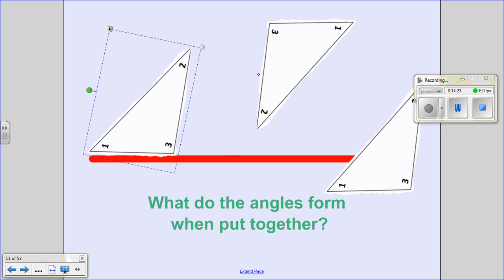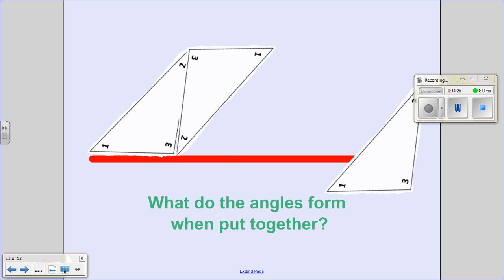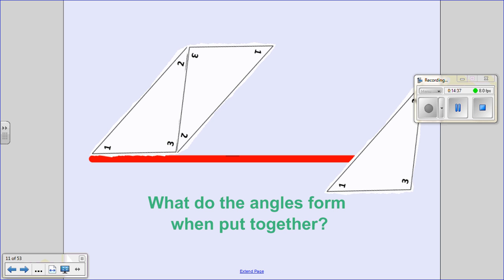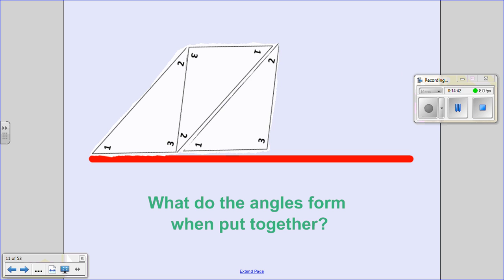All right, so angle 3. Let me rotate a little more. All right, I've lined up angle 3 and angle 2. And now I need to line up angle 1.